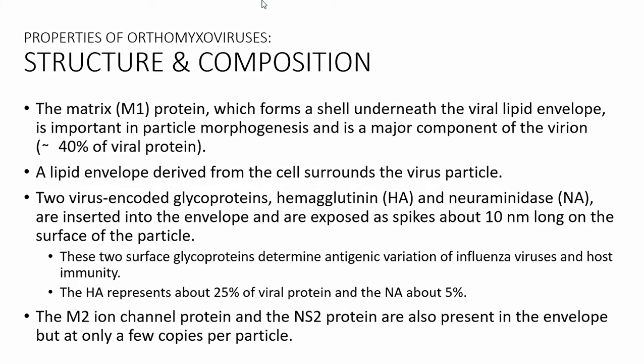This is the one that determines the antigenic variation of the influenza viruses. This is the one that undergoes mutation, the HA and the NA, hemagglutinin and neuraminidase. The HA represents about 25% of viral protein and the NA about 5%. The M2 ion channel protein and the NS2 protein are also present in the envelope, but at only a few copies per particle.